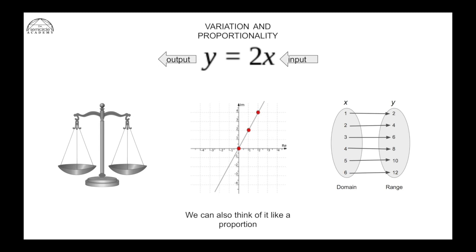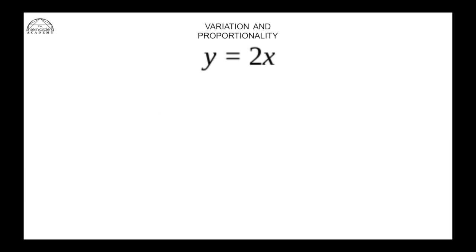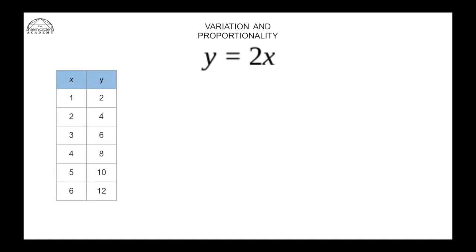So we could also think of this equation like a proportion. So what do I mean by proportion? Well, let's check it out, right? If we have y is equal to 2x, let's just take a look at the ordered pairs here. And we could see that if x is 1, y is 2 times 1, which is 2.